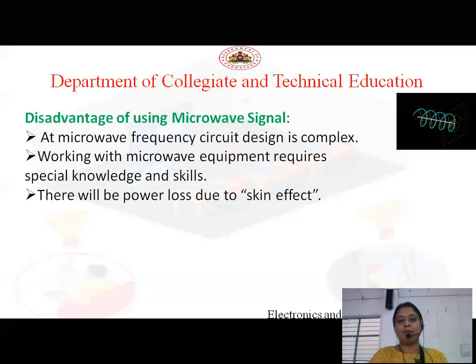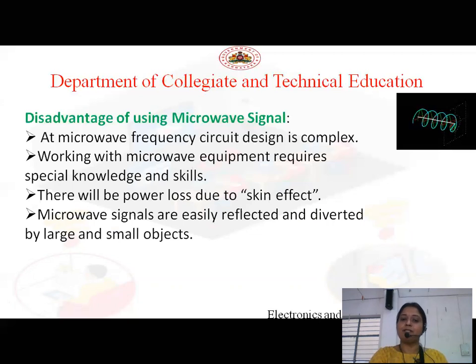Next is that there will be power loss due to skin effect. What is this skin effect? We'll study that, it is their definition. Due to this skin effect, the power loss will be there. And microwave signals are easily reflected and diverted by large and small objects. If some small objects come in between, these signals are easily reflected and diverted.